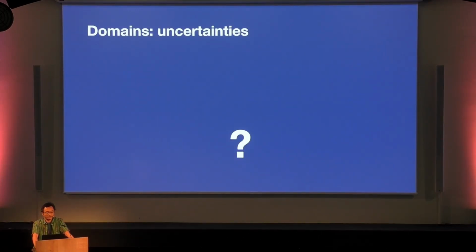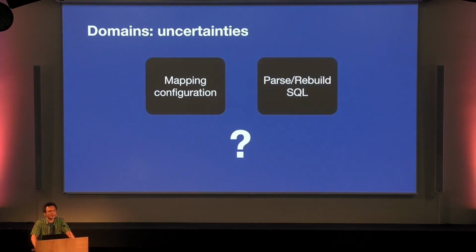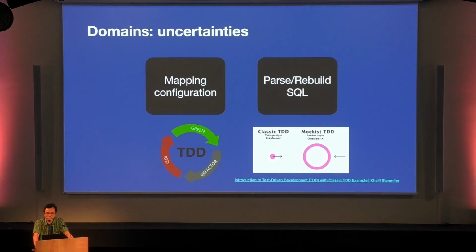When I started implementing, there was some uncertainty for me. The mapping configuration was more obvious for me, but how to parse SQL was not. And also, I was not sure how to build the whole architecture. Again, TDD came to me, and I found it very helpful. TDD actually has two types: classic TDD or mockist TDD, inside out or outside in.